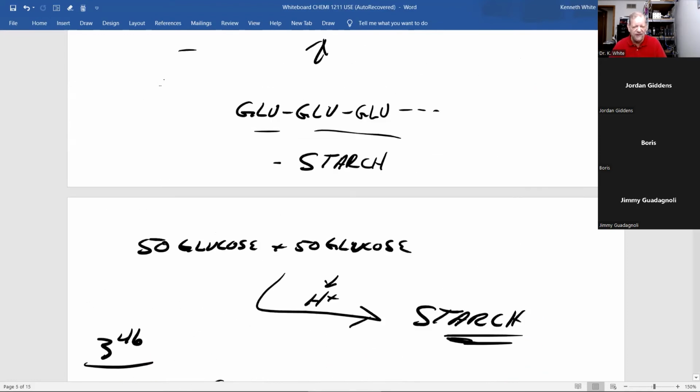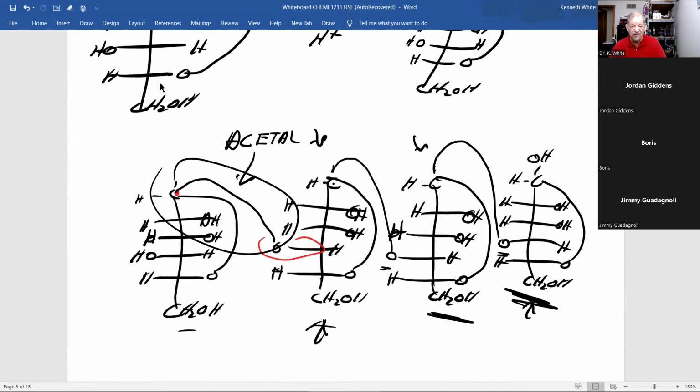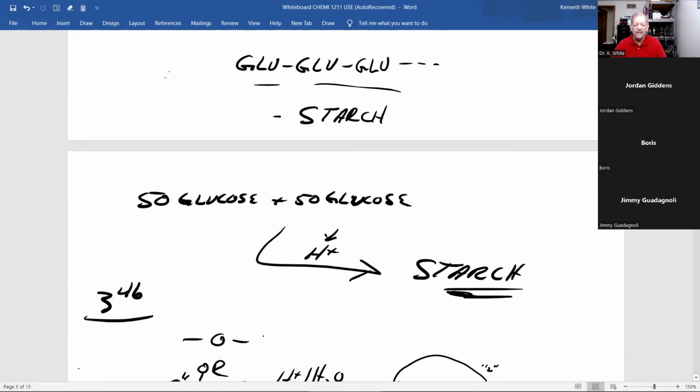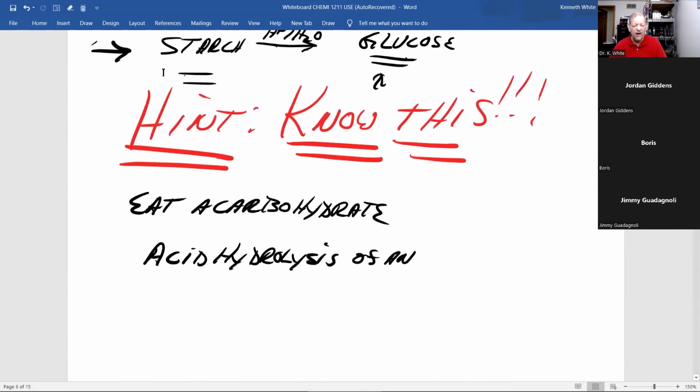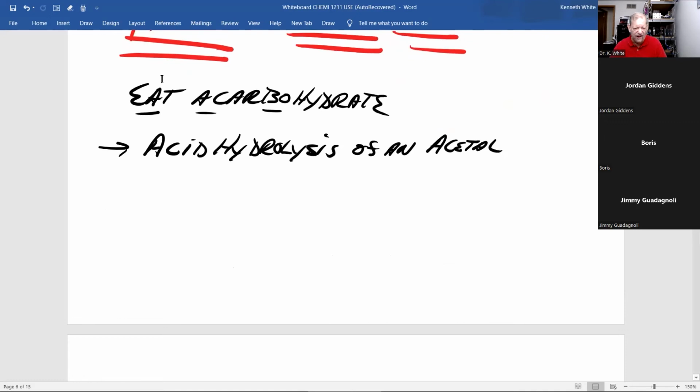Each one of these is an acetal linkage. And therefore, you have acid hydrolysis of an acetal. You should know how to describe when you eat a carbohydrate with words: acid hydrolysis of an acetal.